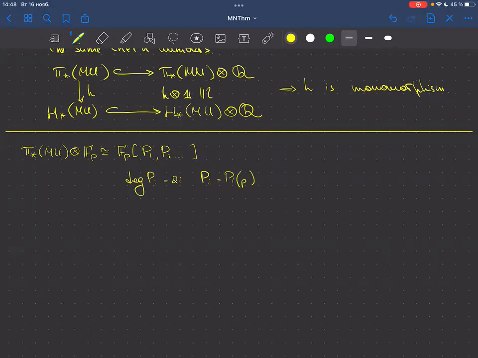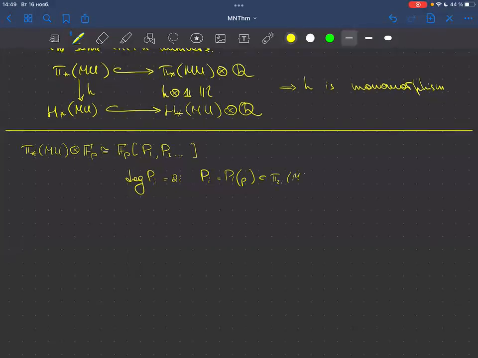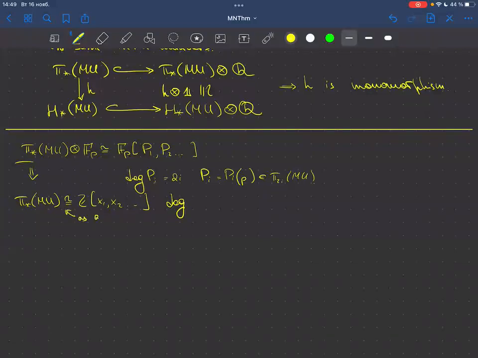Supposing for the moment that this is true, this implies that pi lower star of mu is isomorphic to Z[x1, x2, etc.] as algebras.